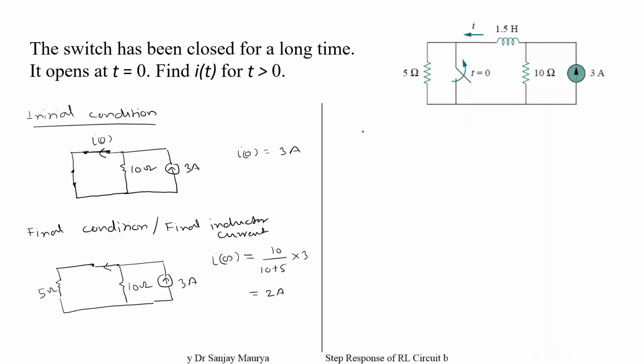Now the next one is to determine the time constant. Just after opening the switch, I am going to find the R equivalent, because here two resistances are coming in the picture. To find the R equivalent, we are removing the inductor and redrawing the circuit.